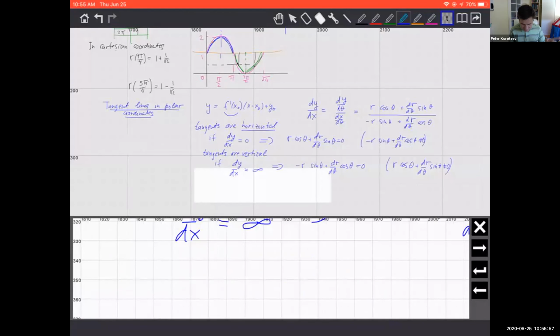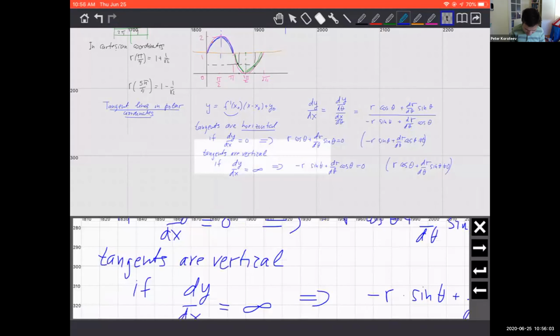If they're 0 at the same time, then you have to use L'Hopital's rule. Technically this doesn't completely cover all the cases, so you need to study it case by case.